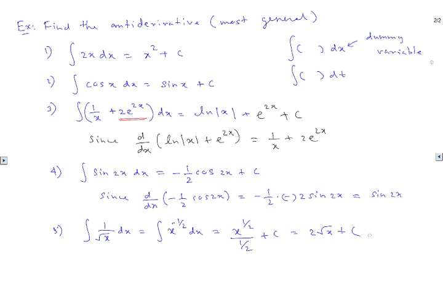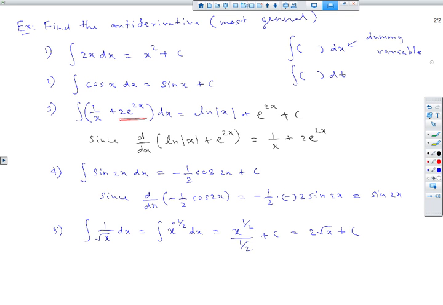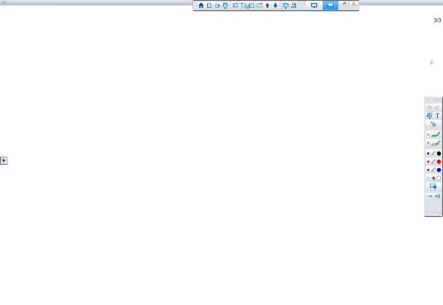Now what we can do is have a list of functions here, but this is not a complete list, but I'm going to give you a list in Canvas. Okay, so let's give a few common antiderivatives.